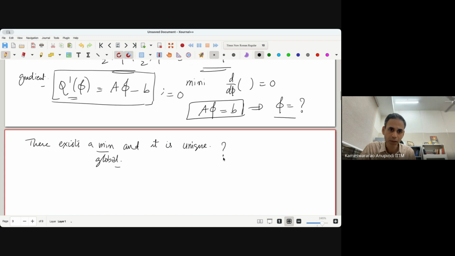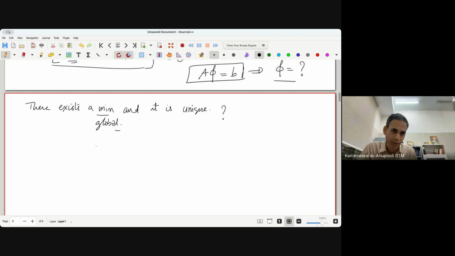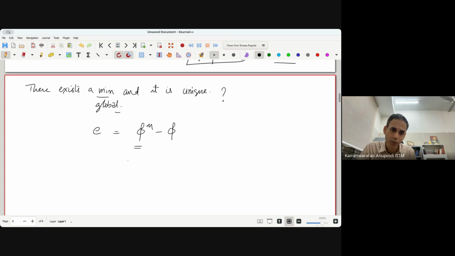For this, let me define the error at any iteration as E equals phi n minus phi, where phi n is the solution at any step n and phi is the exact solution. E is the error vector.